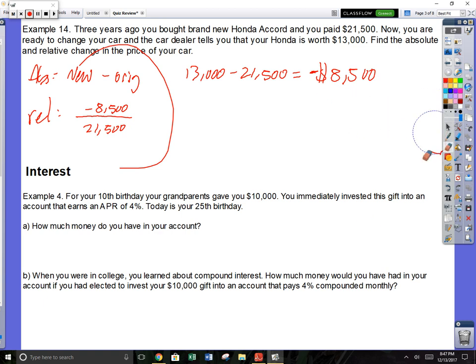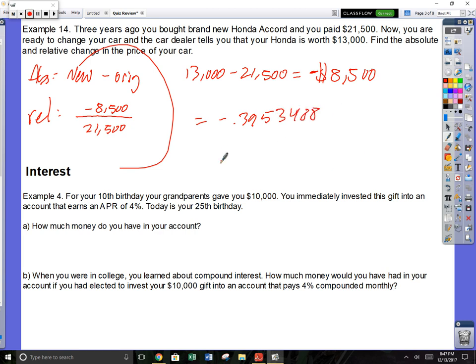Okay, now your relative change is always going to be represented by a percent. So if you divide that, what do we end up with? We end up with a negative 0.3953488.